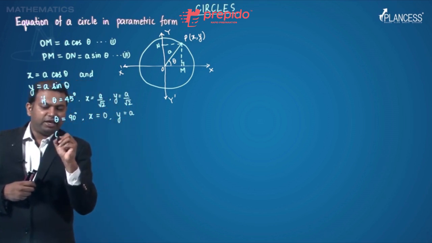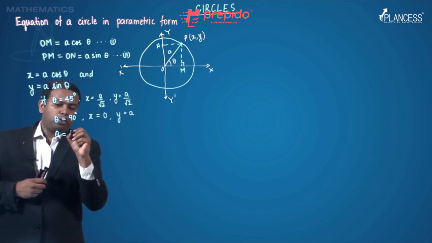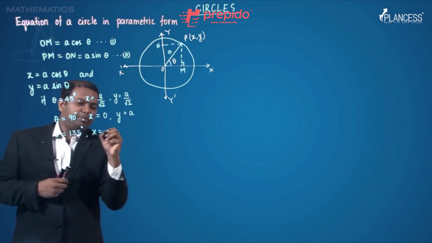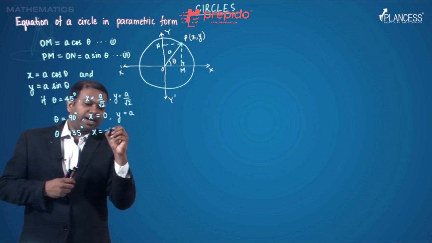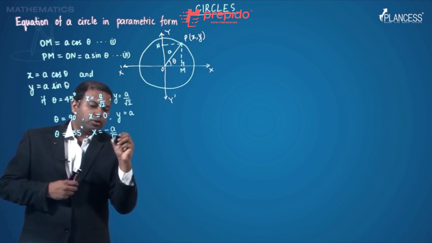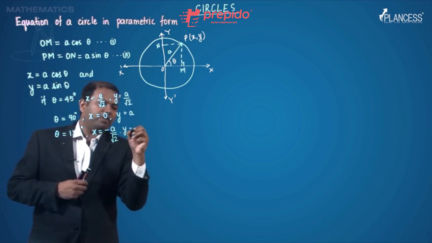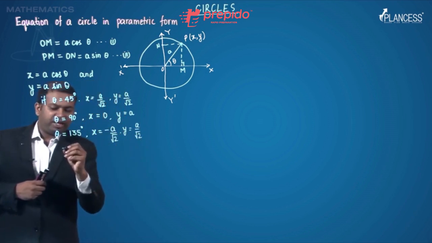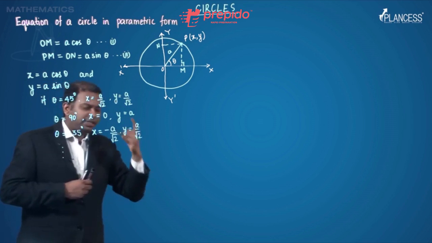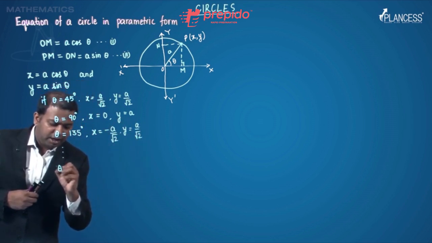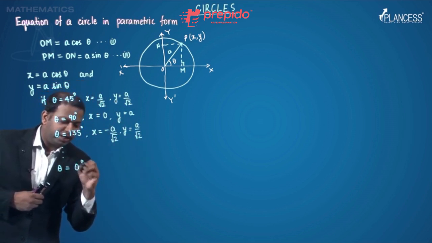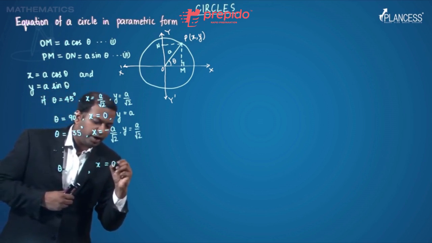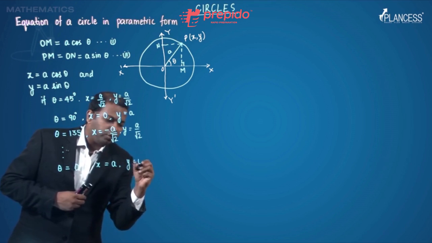If theta is equal to 135 degree, then x will be minus a upon root 2 and y will be a upon root 2. So on and so forth, we can plot different points. Let us take an angle theta equal to 0 degree in the last. So here we will have x equal to a and y equal to 0.